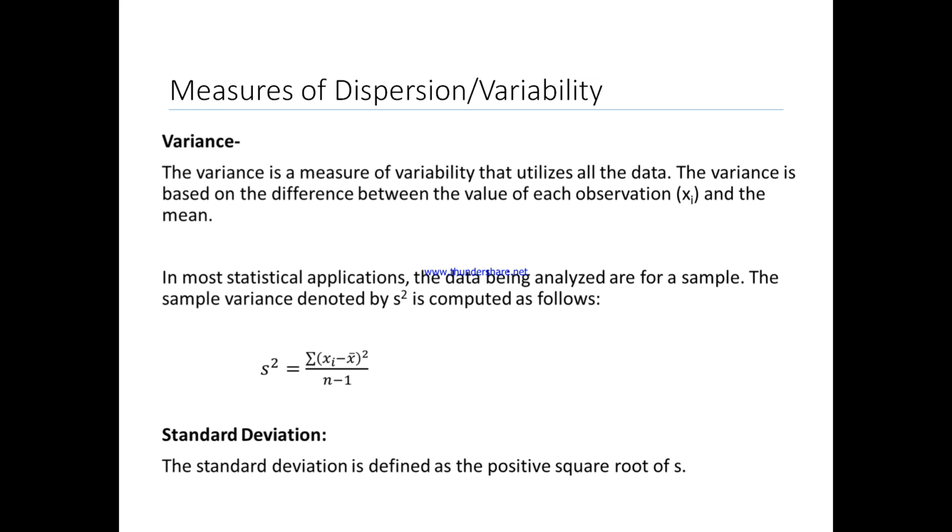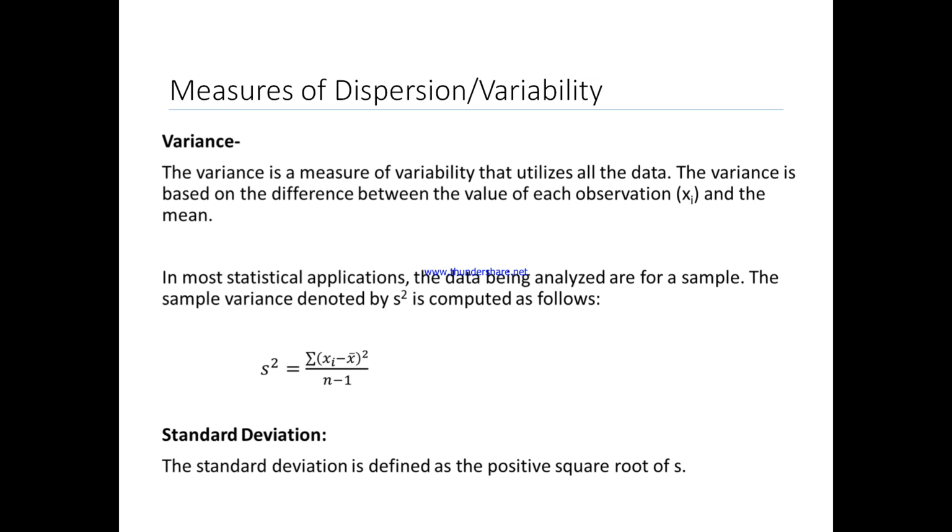But if you look at this equation, here you have the summation of the squared units. Because of that, we take the square root of the variance and we call it the standard deviation. In most cases, we use the standard deviation for interpretation, because when you take the square root of the squared units, we can convert it back to the same unit in which we gathered the information, so it's easy to interpret.